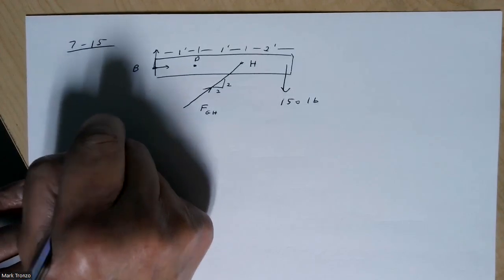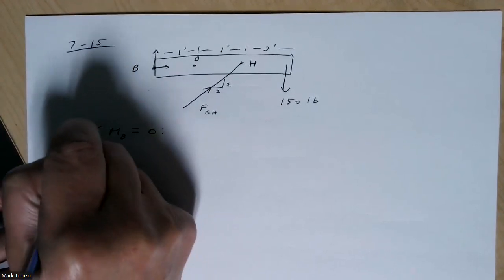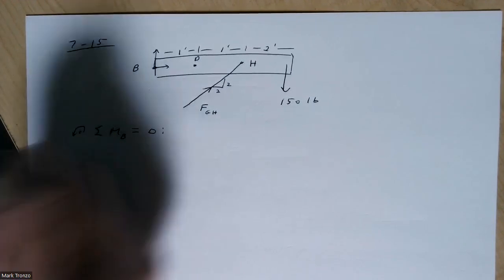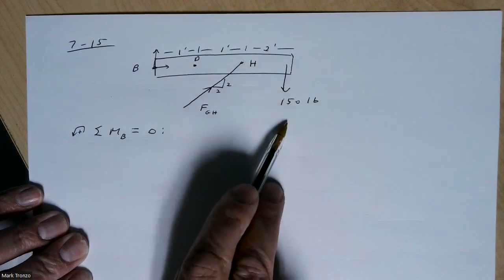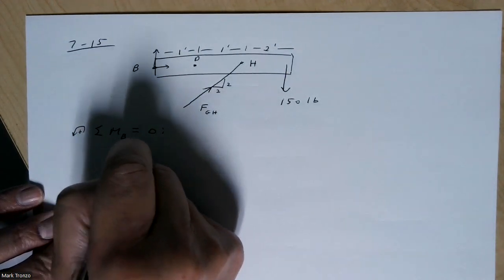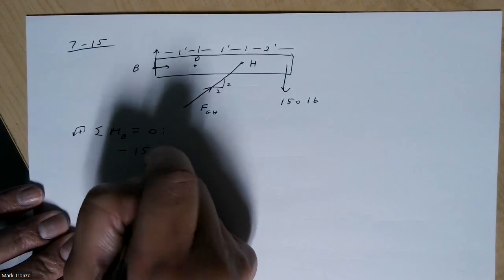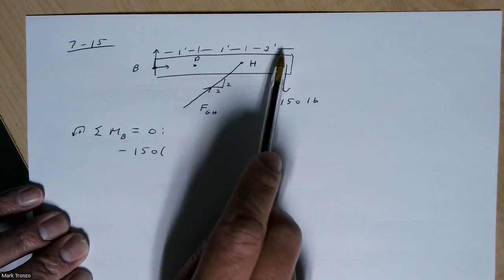So let's sum the moments about B, set it equal to 0. Look at all the moments. This is going to be 150 times 1, 2, 3, 4 feet.